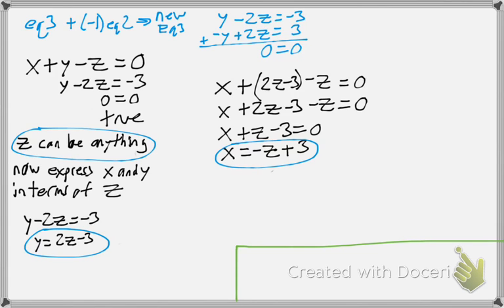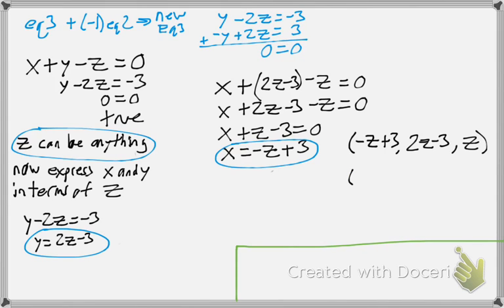So I want to combine all of those into my final answer. So that'll be negative z plus 3 for my x, 2z minus 3 for my y, and z for my z. So WebAssign, some of the questions will accept this, or they'll ask for this.